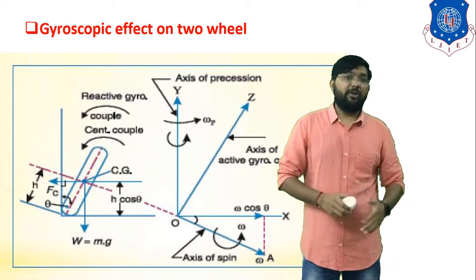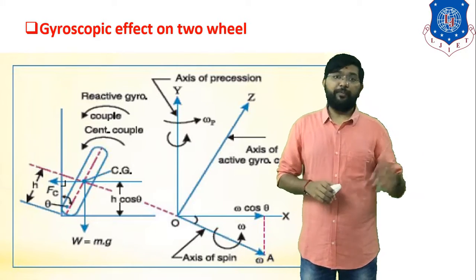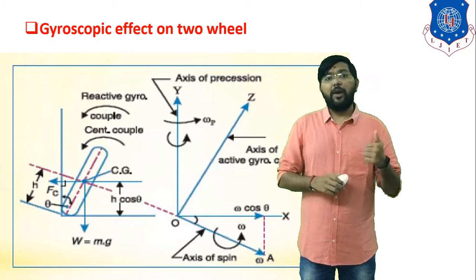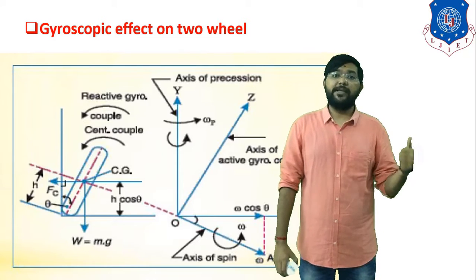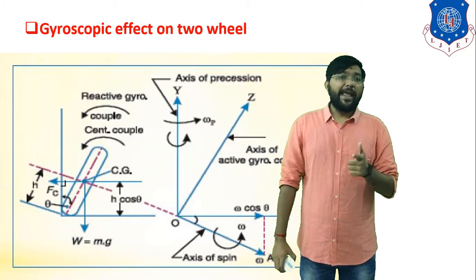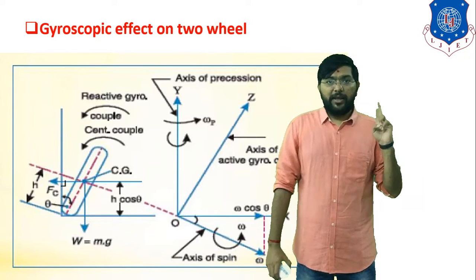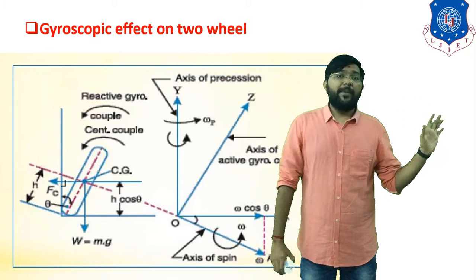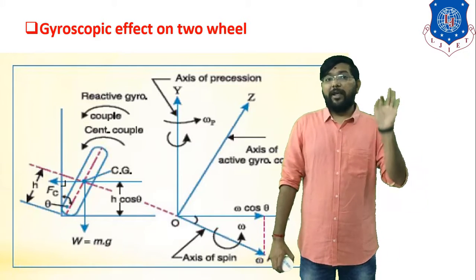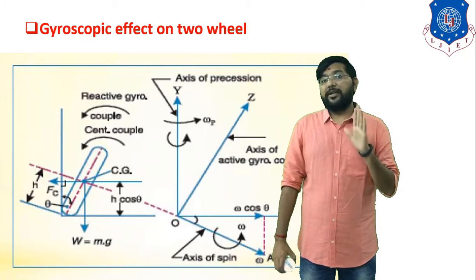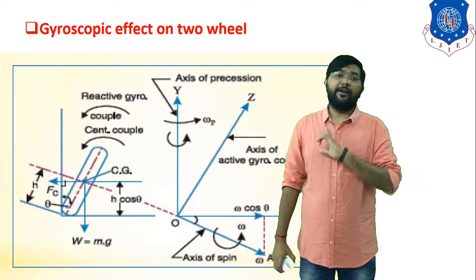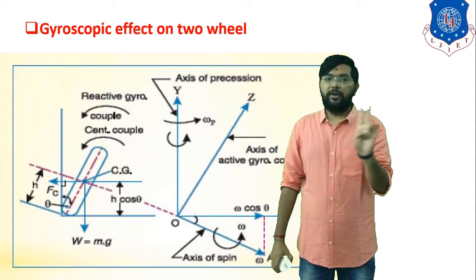That is the angular velocity of the axis of precession. And you have to calculate that velocity based on the speed of the bike and the radius of curvature of the bike. Okay. So the equation of omega p is v by r. Capital V indicates velocity of bike and capital R indicates radius of curvature or radius of turn.